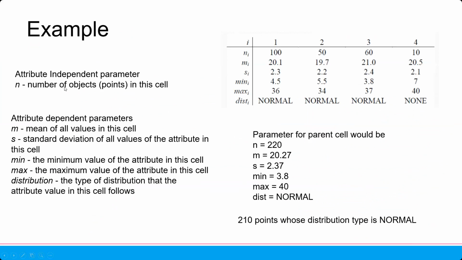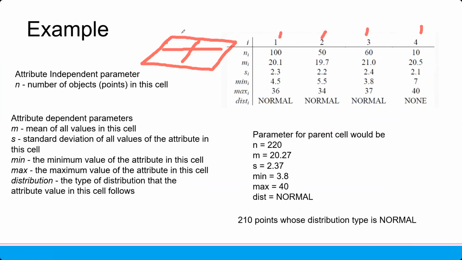So this is one example. Let's suppose in this layer, I have 4 cells. Okay. So the cell number 1, cell number 2, cell number 3, and cell number 4.